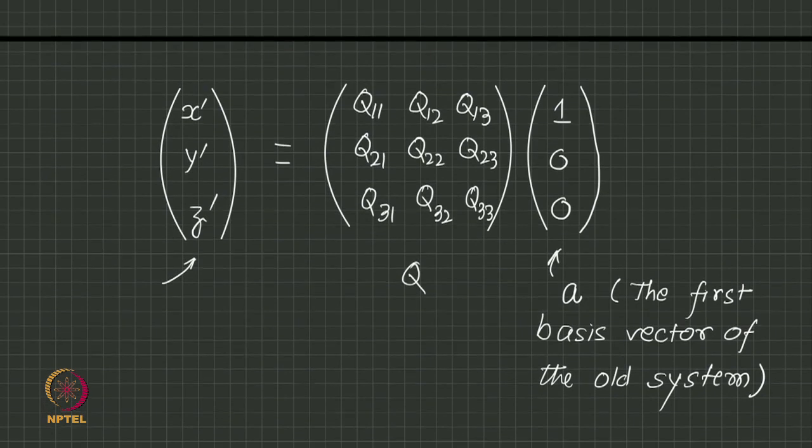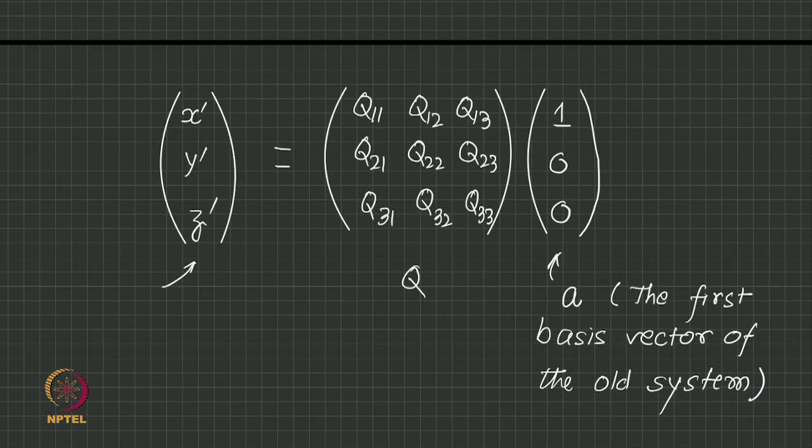Now, you all know matrix multiplication. So, you can let me know what will be the product column. If I multiply 1 0 0 with this matrix, q 1 1, q 2 1, q 3 1.